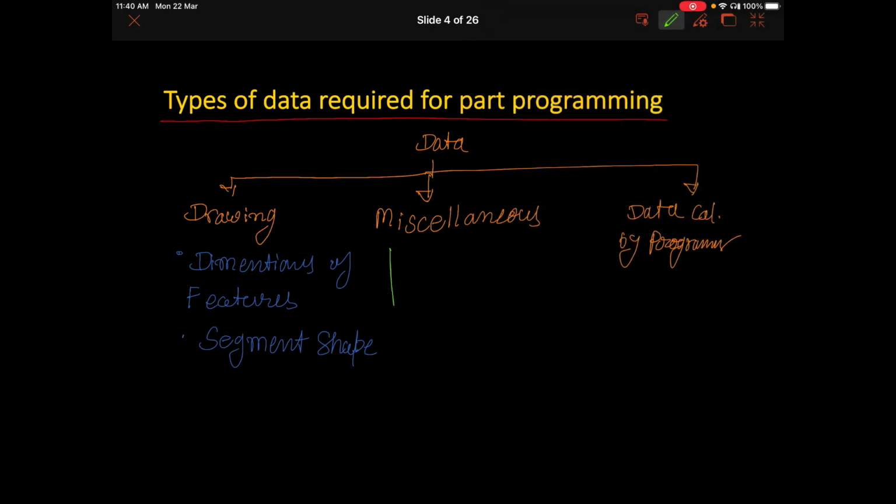That miscellaneous information is like surface quality, so that you can choose the appropriate cutter, number of cycles, and if there is any requirement of the turning cycle, finished turning cycle, then we can do accordingly. Then tolerances also. Okay. Then tool and workpiece material.